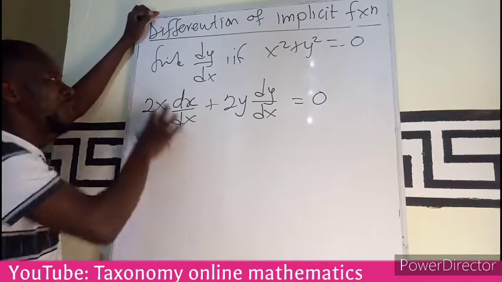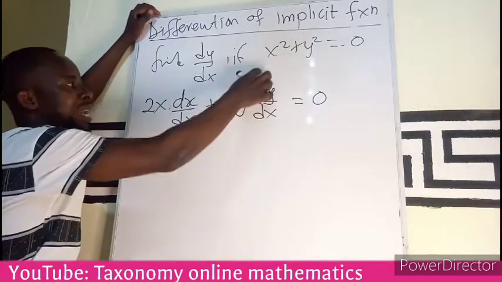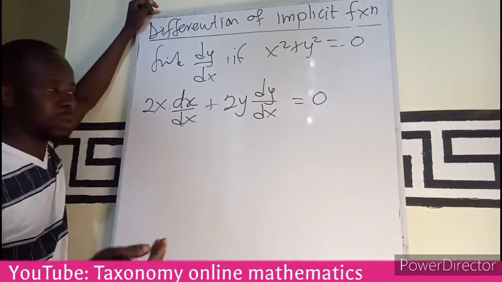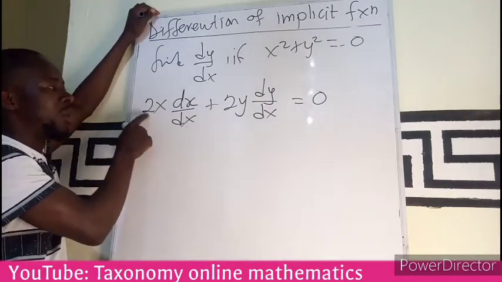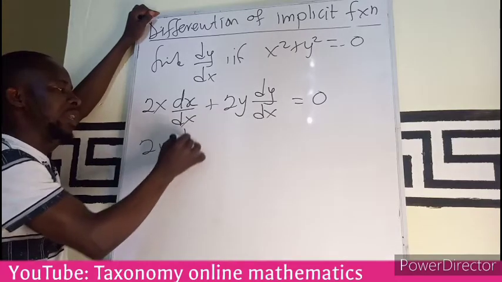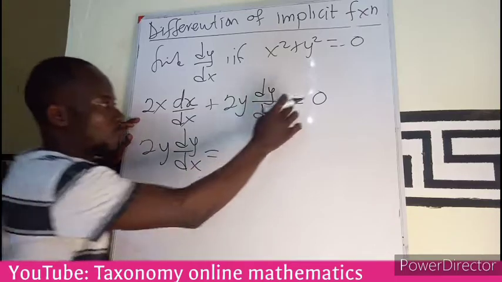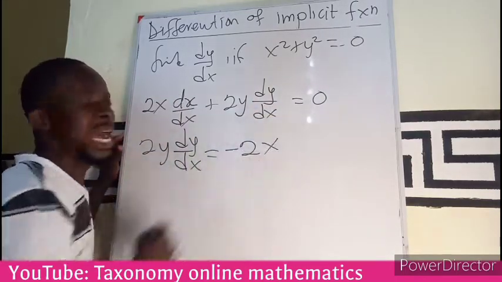So now when you perform your differentiation separately, the next step is to make dy/dx the subject. We know this is nothing but 1, so we are only interested in this. We are going to have 2y dy/dx equals the whole of this crossing the equal sign to give us minus 2x.